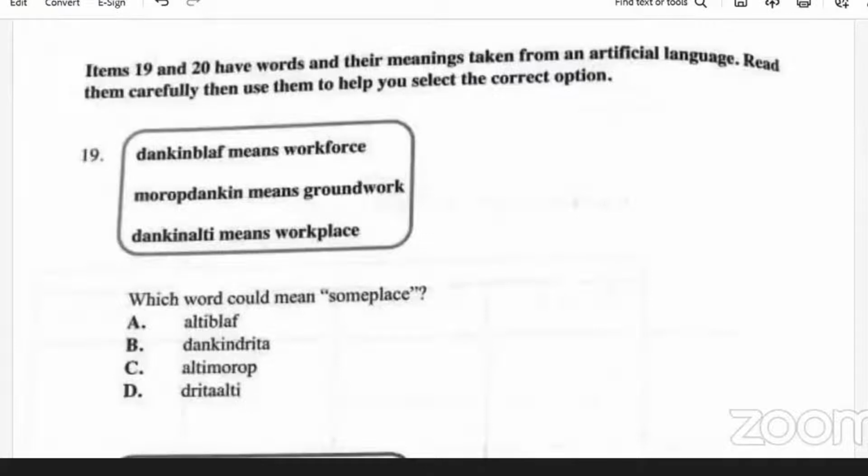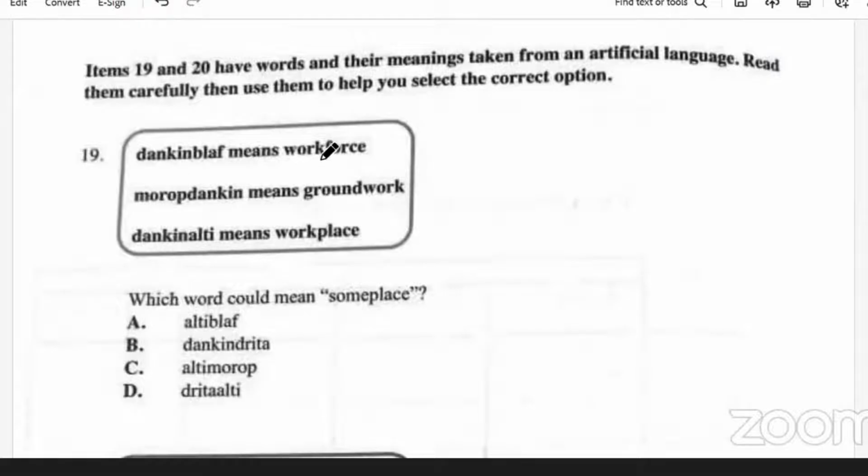Dankin Bluff means workforce. More up, Dankin means groundwork. Dankin Alti means workplace. Which word could mean some place? All right. So let's look at a word that has place in it. Dankin Alti means workplace.